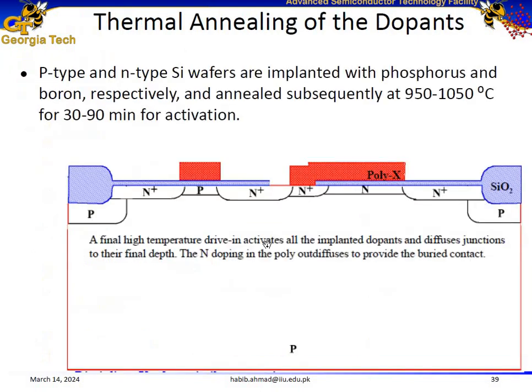The annealing, which is a high temperature process for a particular amount of time, results in expansion of these implanted ions in different directions. So after annealing, we have expanded drain and source regions. And we actually calibrate the annealing process in order to achieve a particular depth of the drain and source regions.